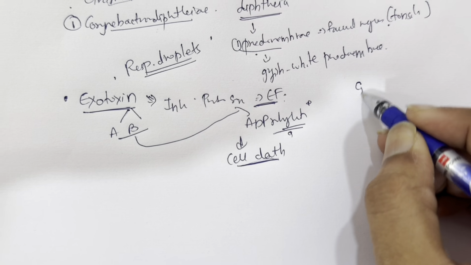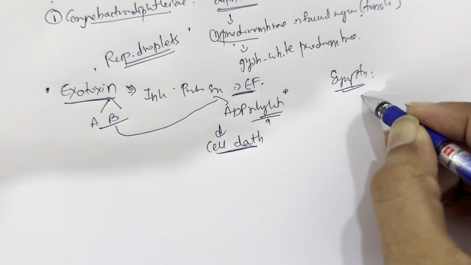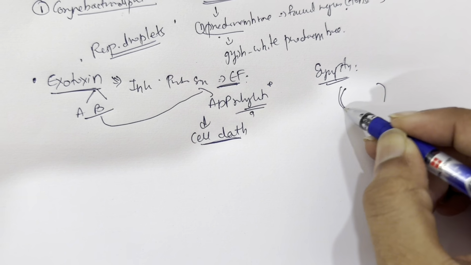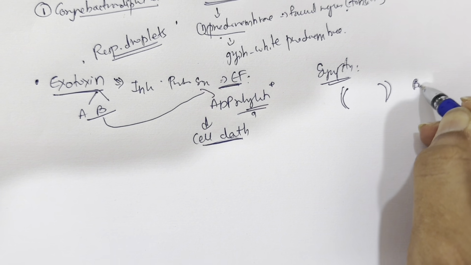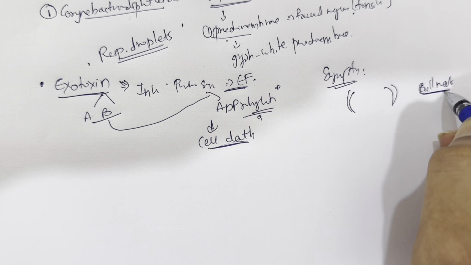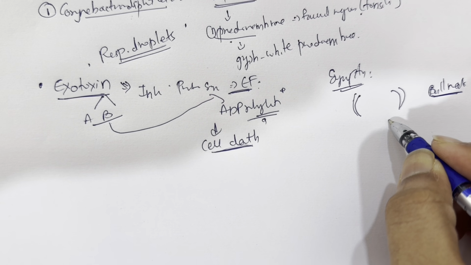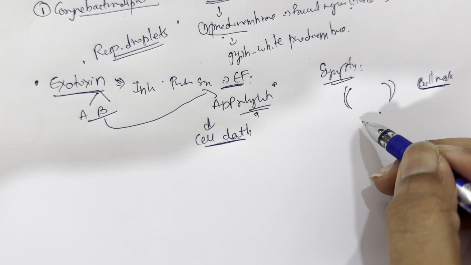Coming to other symptoms of diphtheria, usually a question or case presents you with a child with bull neck. The neck will be something of this sort, so you should know this is bull neck. If a patient has bull neck and a grayish white tonsillar membrane, then you need to know the suspected case could be diphtheria.